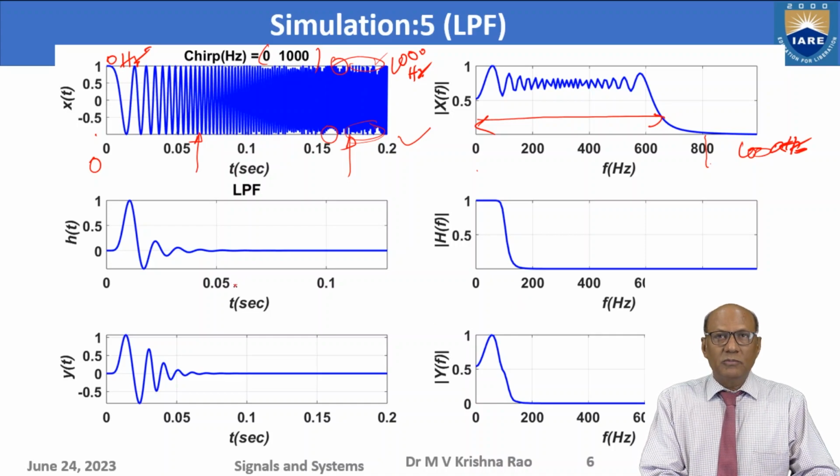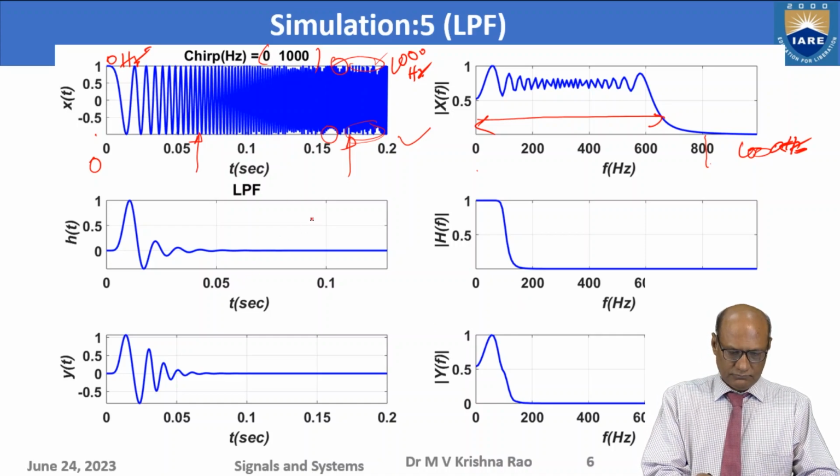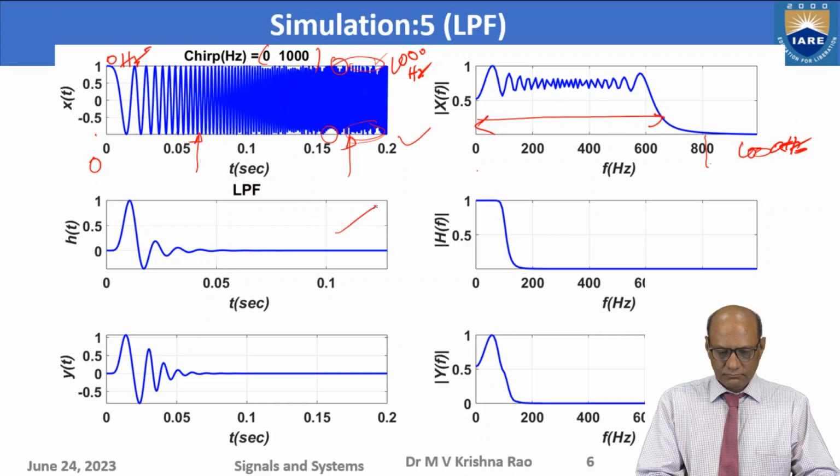And let us come to the low pass filter. This you know already: the impulse response, and here I have the magnitude response of the low pass filter, with the cutoff frequency somewhere here. This is the 0.7 point.